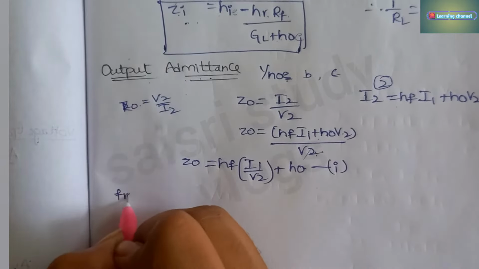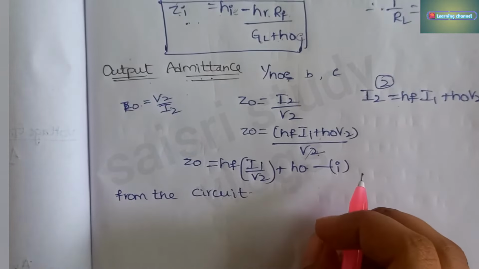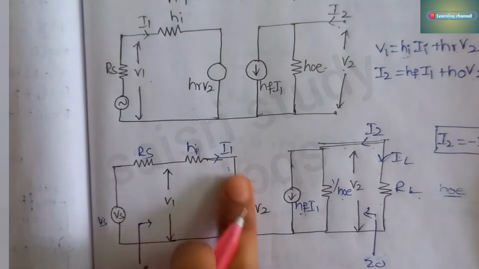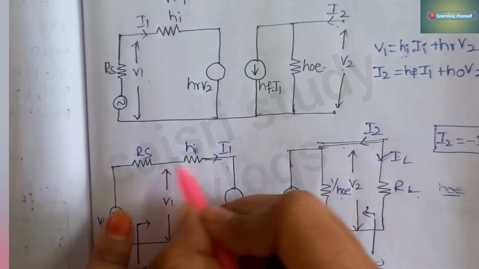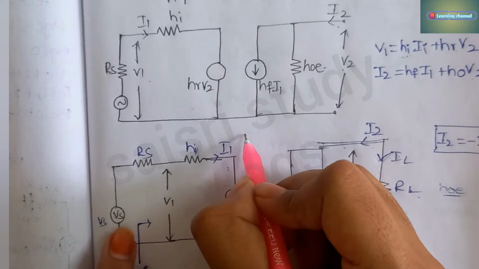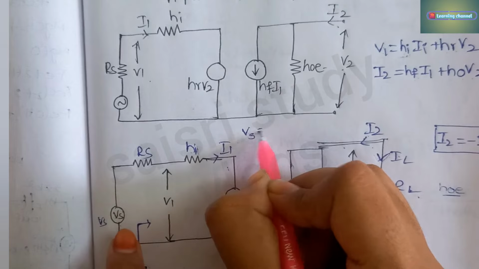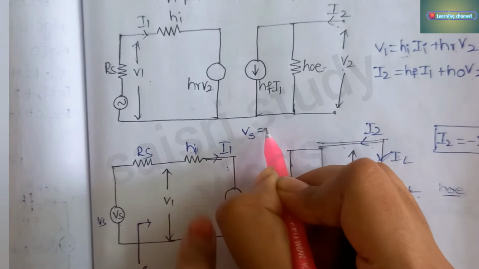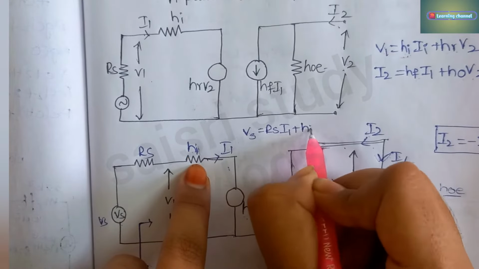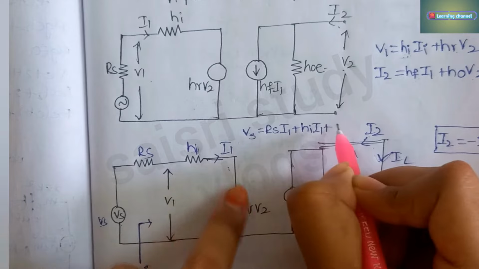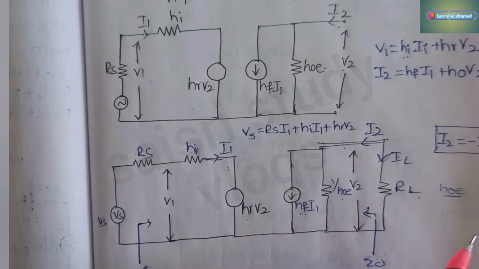Now let us see the circuit. If we write the KVL for the input side, we have to add all the voltages. Here we have the I1 current and the voltage. The source voltage is Vs, so the overall voltage is equal to Vs. So Vs is equal to Rs into I1 plus Hi into I1, since Hi is also a resistance, plus HR into V2. This is the KVL formula which is useful in finding the output admittance.